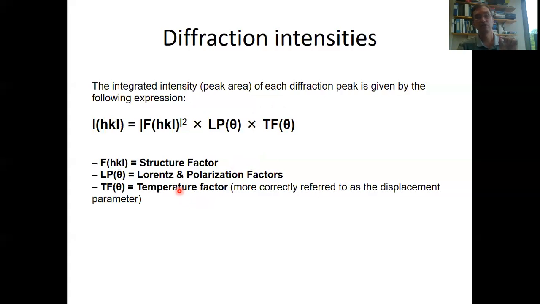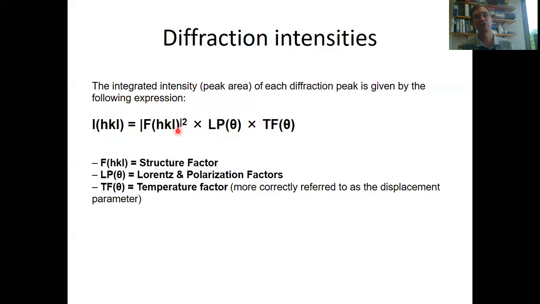The atoms do not sit completely fixated on their positions within the crystal. Due to temperature, they wobble around their equilibrium positions a little bit. That also has an influence on the intensity of the measured X-rays, and that's accounted for by the temperature factor.